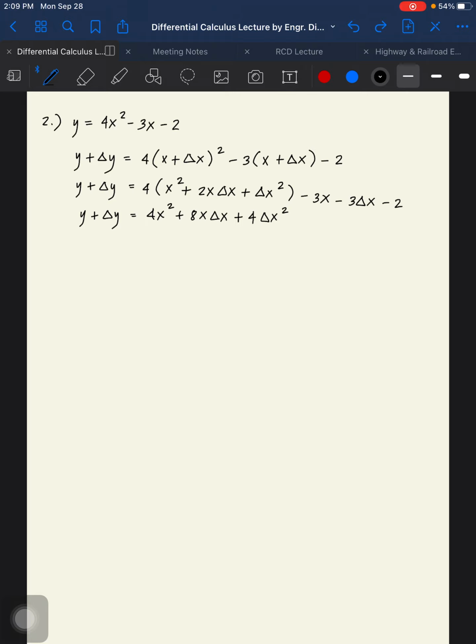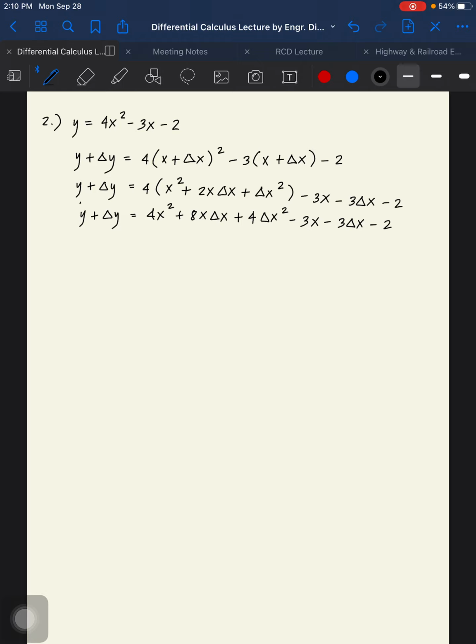So, we need to really make 4 look like 4 and delta look like delta. Sometimes I was able to observe that some students write delta like this and it looks like 0 already. Remember that delta is a triangle like that. Okay. Minus 3x minus 3 delta x minus 2.